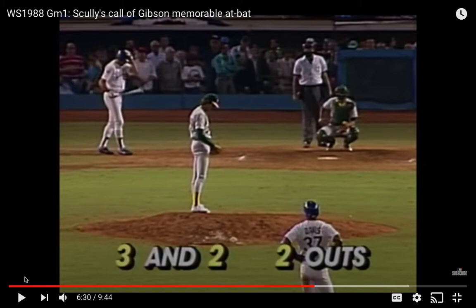But this is Kirk Gibson in 1988, and what you need to know is that the Oakland A's were unstoppable and extremely difficult to beat. They simply crushed everybody that they played. And this is Game 1 of the World Series in Los Angeles. And this is the 9th inning, the bottom of the 9th, and the Dodgers are losing by 1 run. And this is the Oakland A's best closing pitcher, Dennis Eckersley, and very few batters could actually hit the ball at all when he threw it.